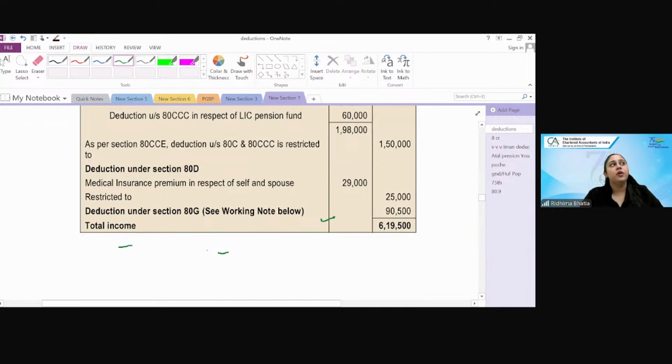Whenever a question of third or fourth category comes, first step is to take your adjusted gross total income and qualify.